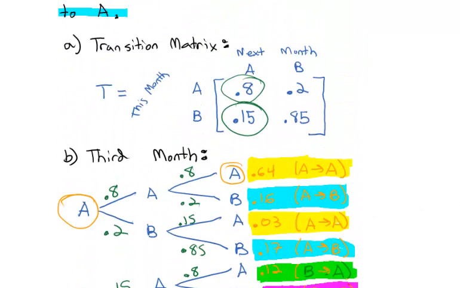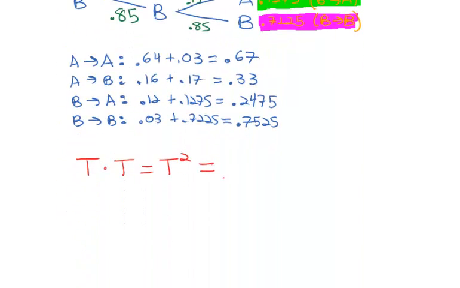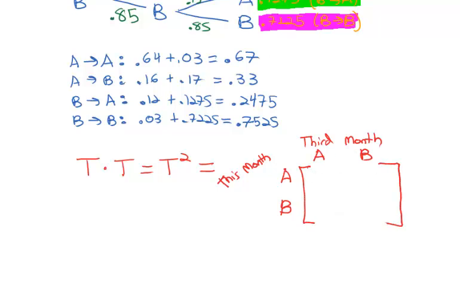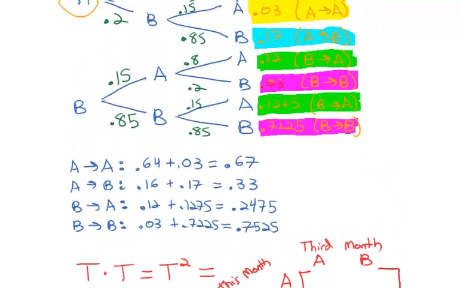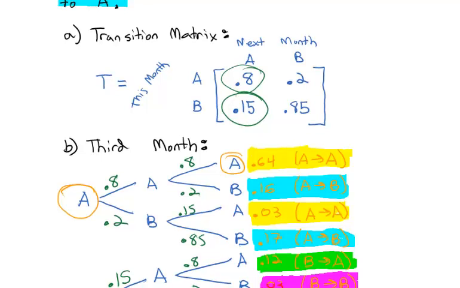So similar to the first matrix we had with this month and next month, now it's going to be this month and third month, starting with A or B and ending up with A or B. We're going to do this on our calculator, so first we need to program in the transition matrix.